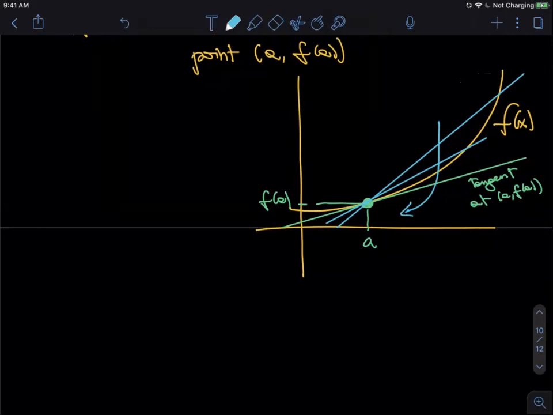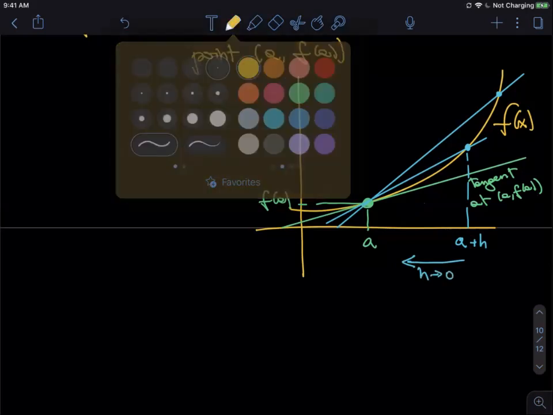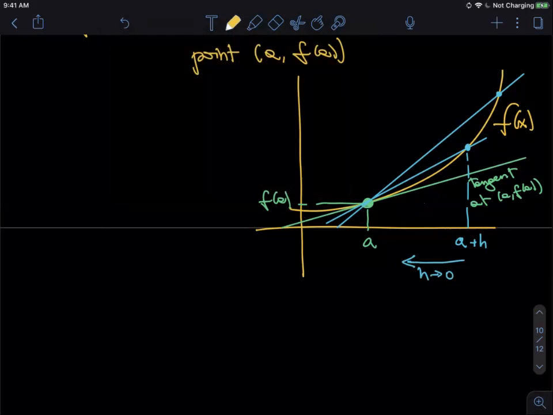Notice what is happening here. These secant lines are crossing the function f of x again at the point a plus h. Okay, so what we want is to take h to 0, right?